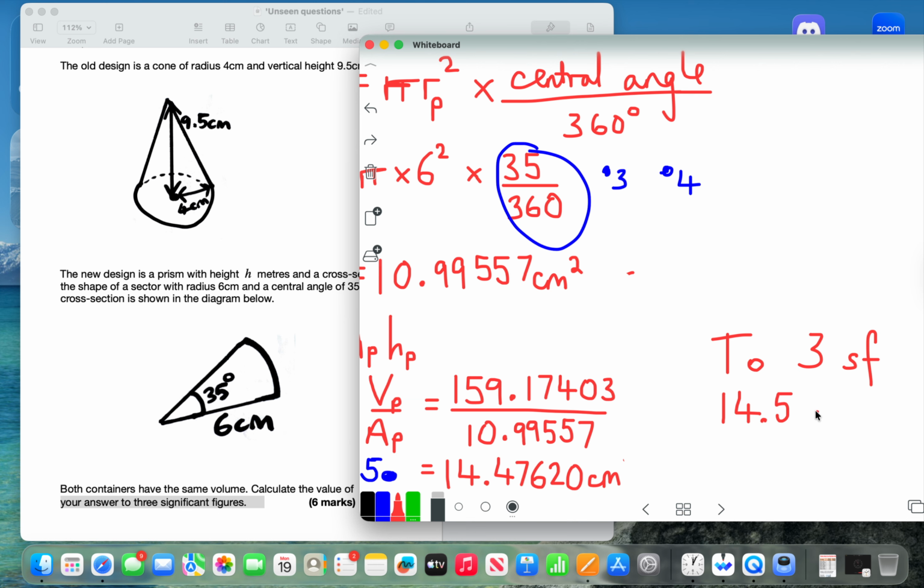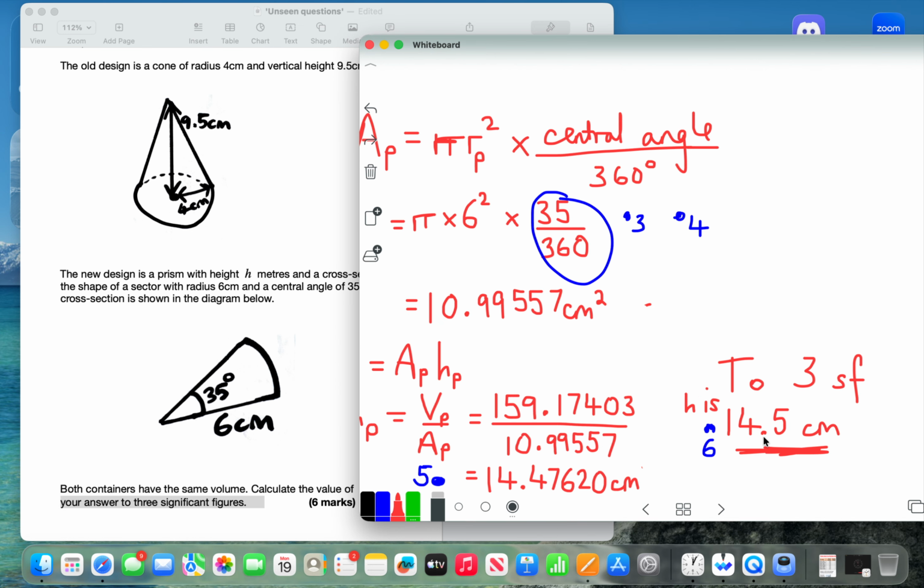And that is the last mark. So that's the final answer, rounded off.